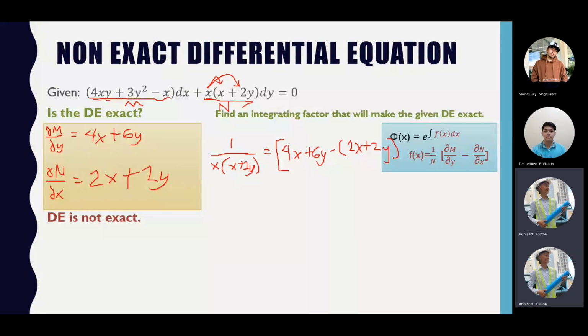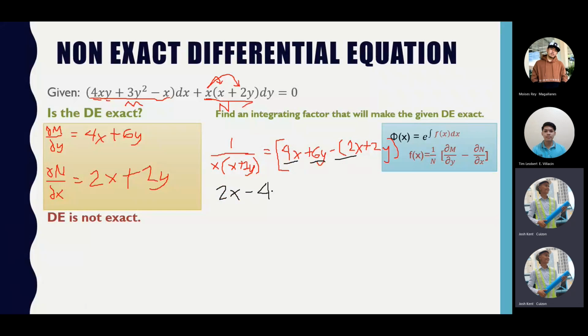Right? So right here, we can simplify the like terms. So 4x minus 2x will become 2x. And 6y minus 2y will give us 4y.